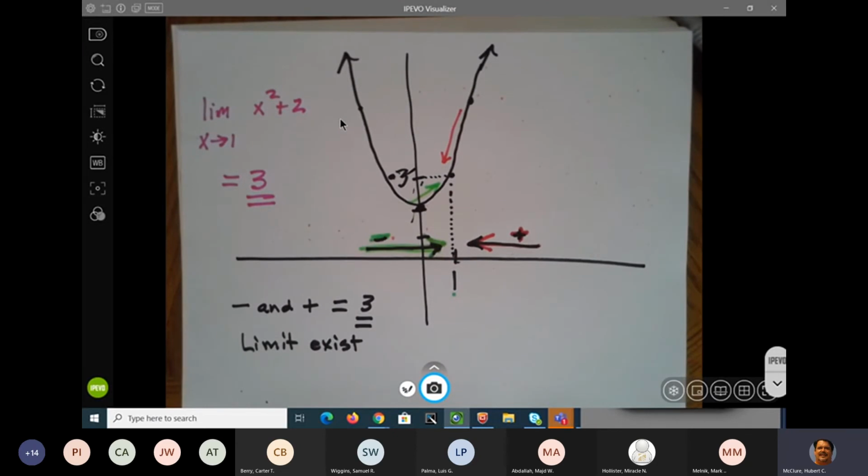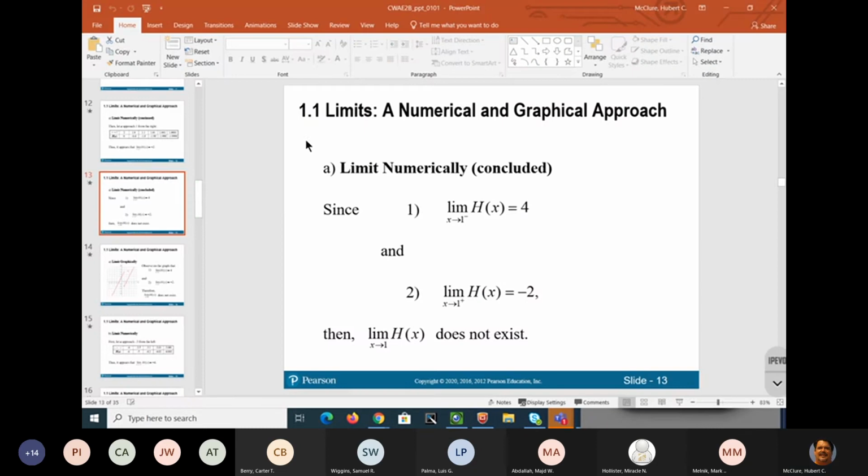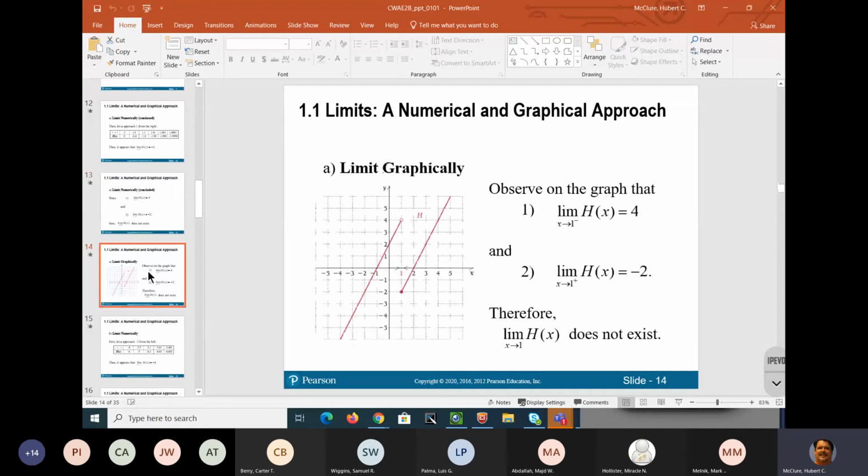So let's look at some more slides. And that's what they're talking about here. Now, look at here. Here's a good example of non-convergence. What's happening as I approach 1 from the right?